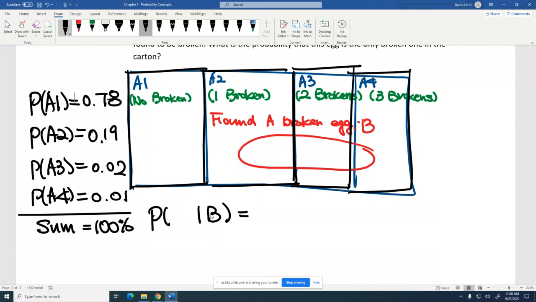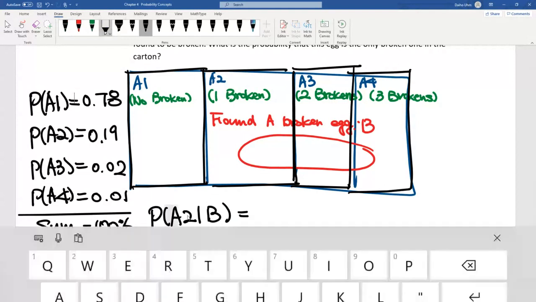Already I found a broken egg, right? I didn't check inside the store, but I already paid. But now I found a broken egg. What do I need? I hope it is the only one. A2.